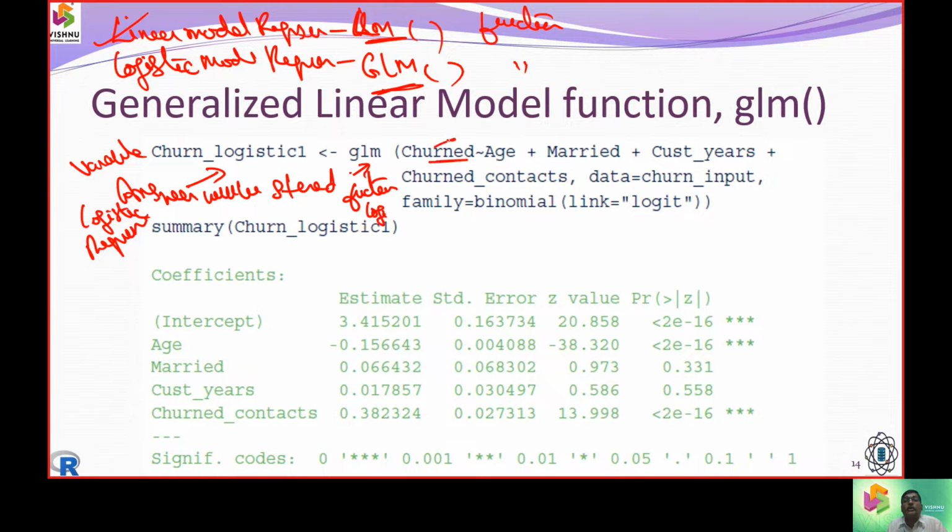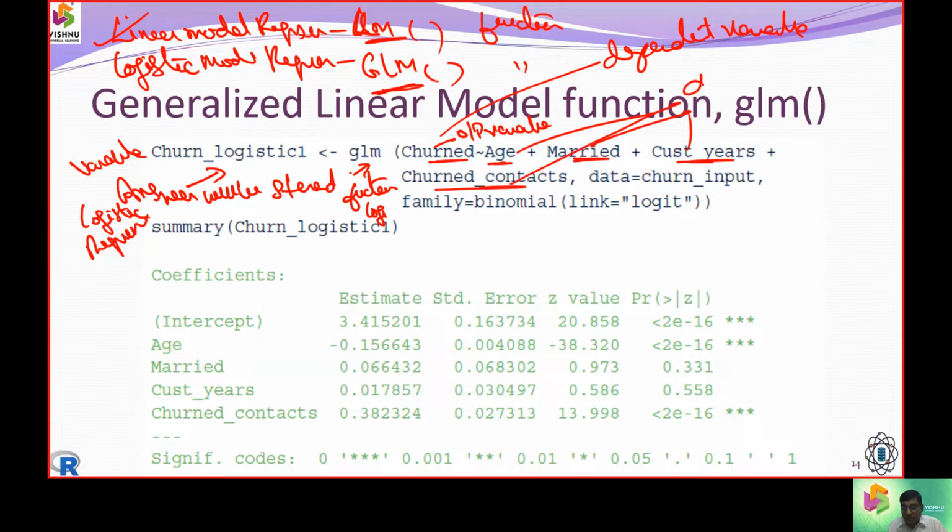Now churn we call the output variable, that is, the dependent variable. Then age, married, customer years, and churn contacts, these items we call the input or independent variables.